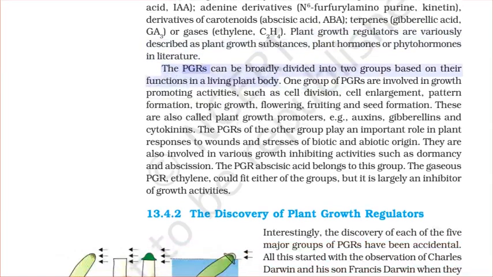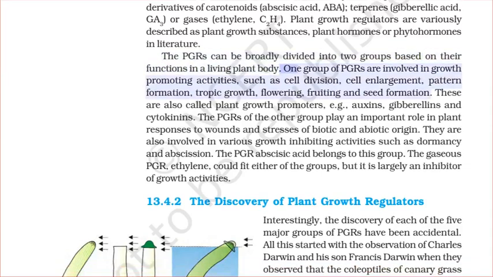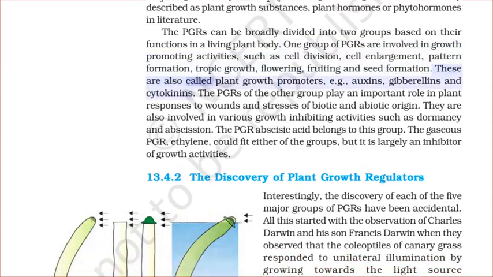The PGRs can be broadly divided into two groups based on their functions in a living plant body. One group of PGRs are involved in growth-promoting activities such as cell division, cell enlargement, pattern formation, tropic growth, flowering, fruiting, and seed formation. These are also called plant growth promoters, e.g., auxins, gibberellins, and cytokinins.